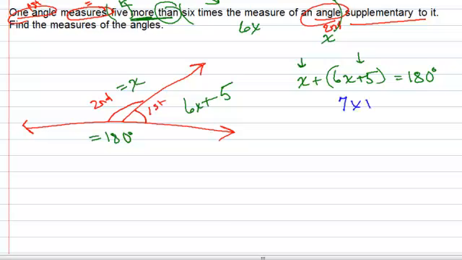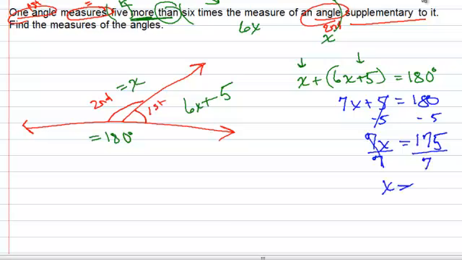So 7x plus 5 is equal to 180. I'm going to subtract 5 from both sides. Divide by 7. And 25. So x is equal to 25.